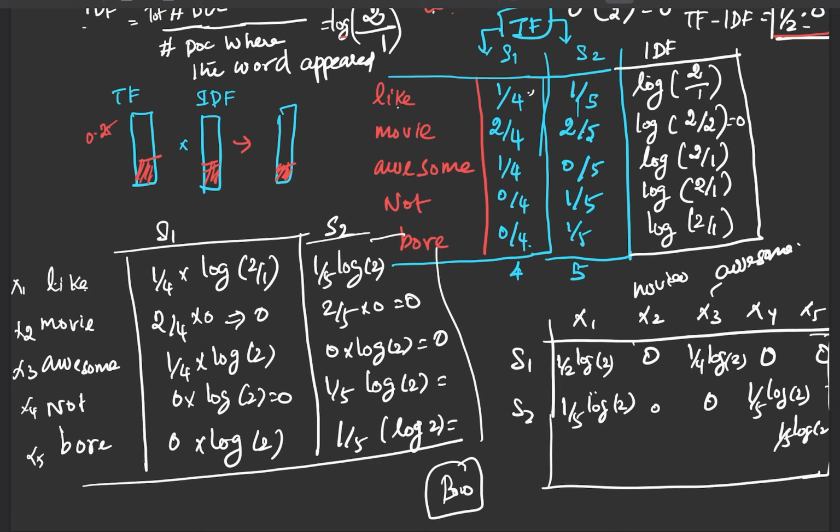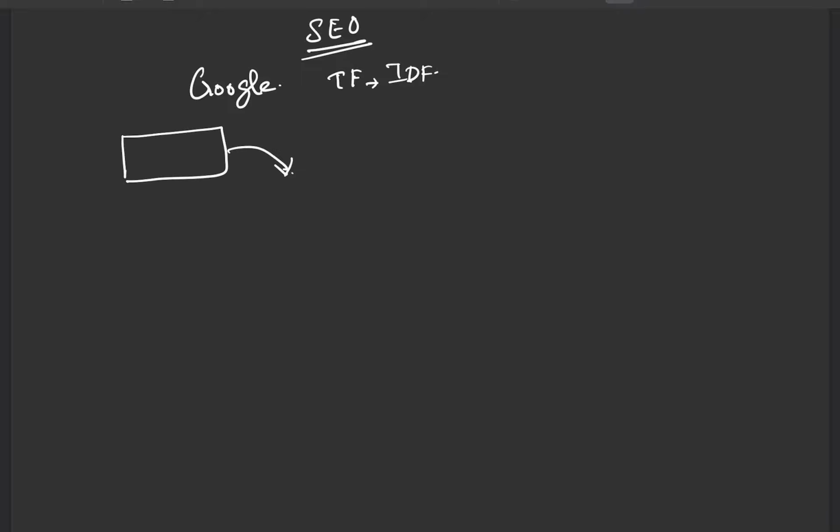Now, do you know the famous application of TF-IDF? One of the main applications is search engine optimization, SEO. Actually, initially, the Google search engine was using this methodology, TF-IDF. So whenever we do some search in the Google search engine, it returns some documents for us to read through.